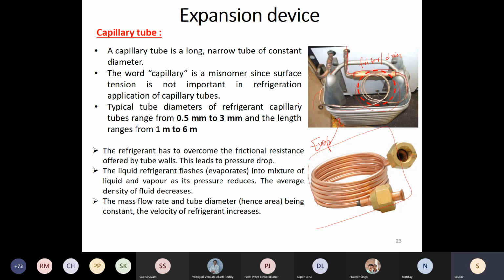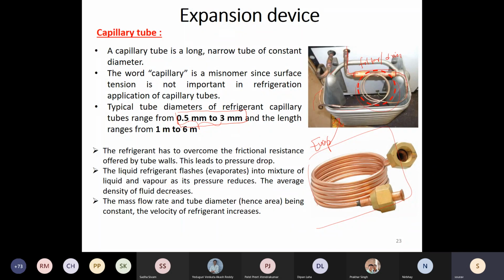Now, as far as the diameter of the capillary tube goes, you see the diameters are typically of this value. From this value, you can easily realize that for such diameters, you will not have capillary action. Okay, the surface tension forces are not that dominant for such big diameter tubes.